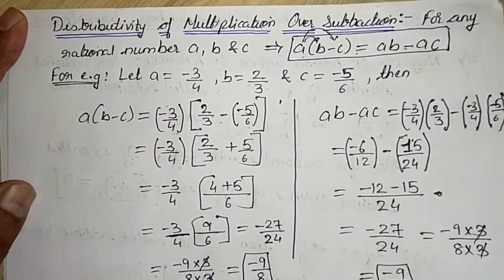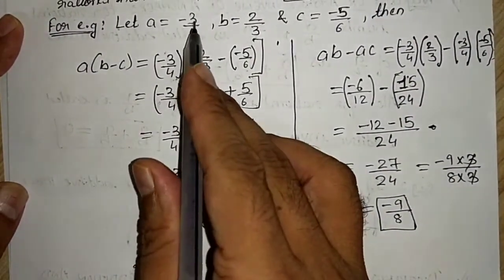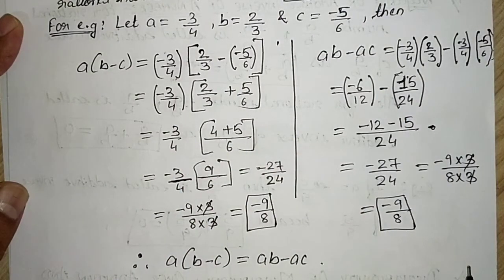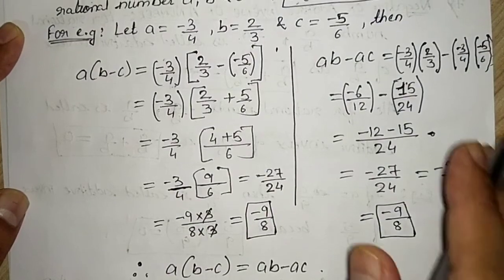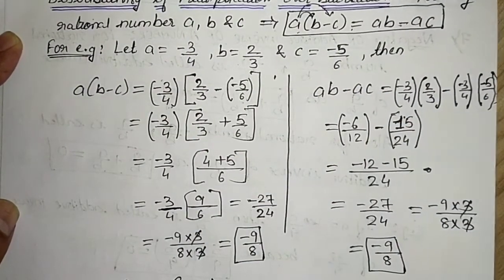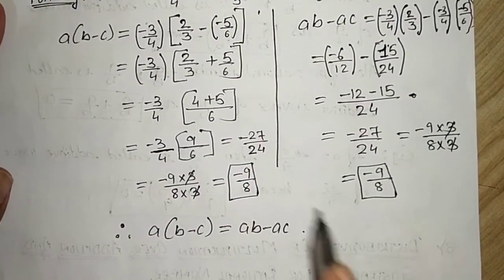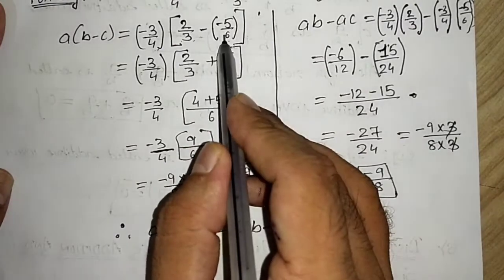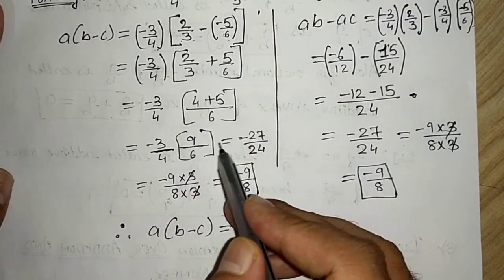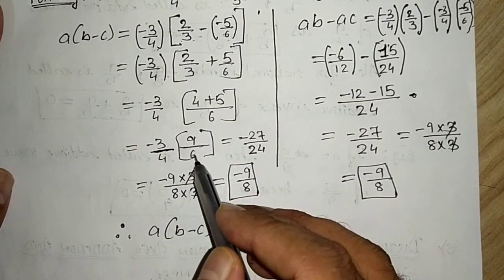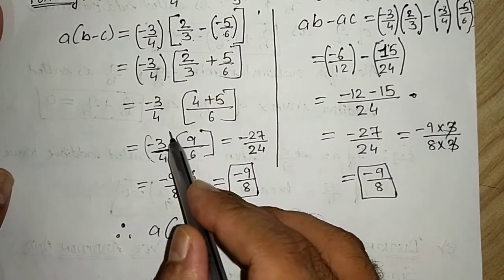So let us try and see. Here a is equal to minus 3 by 4, b is equal to 2 by 3 and c is equal to minus 5 by 6. Taking LHS and RHS, let us see whether LHS is equal to RHS. First I will solve the bracket b minus c. On solving b minus c, I get 9 by 6, which I multiply with a.